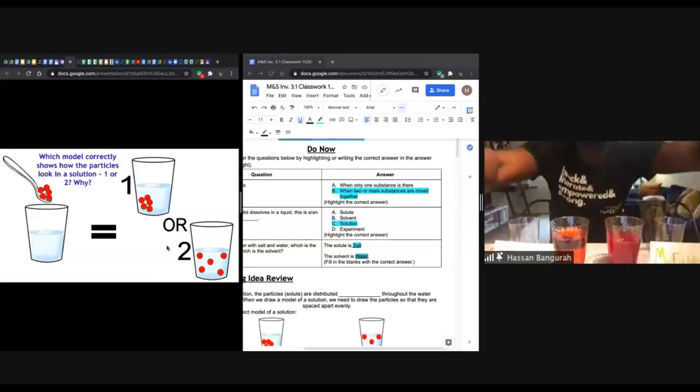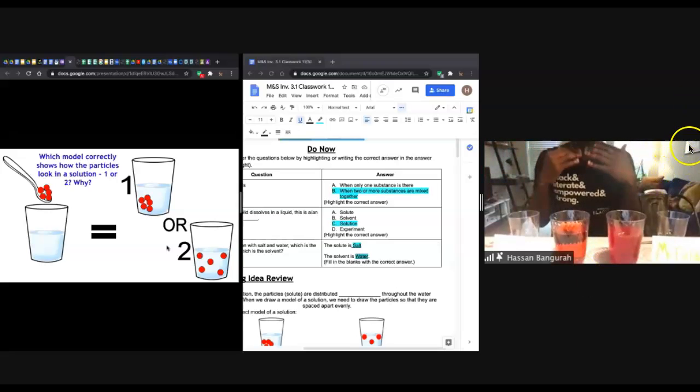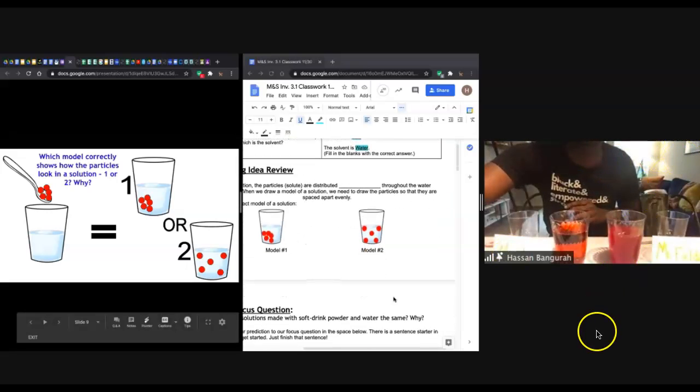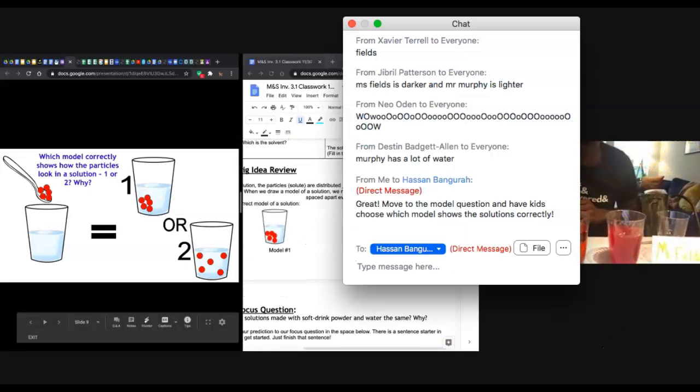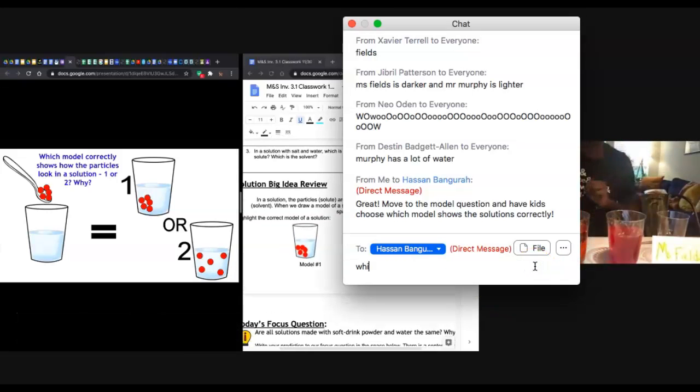All right. So, which model accurately shows the particles? Is it model number 1 or model number 2? Type it in the chat.